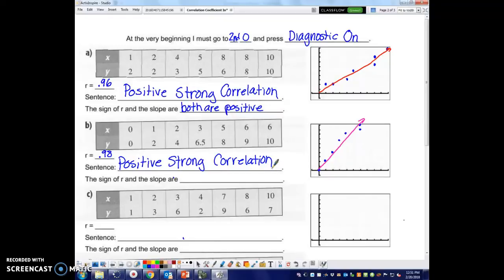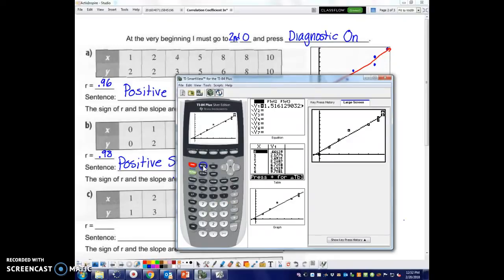Okay, and the last one says, what is the connection between this line of R and the slope of the line of best fit? Both are what? Both are positive. Okay, check it if you don't believe me. A is positive 1.5, R is 0.9.